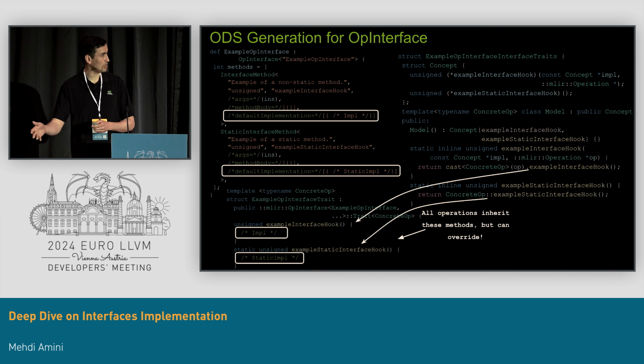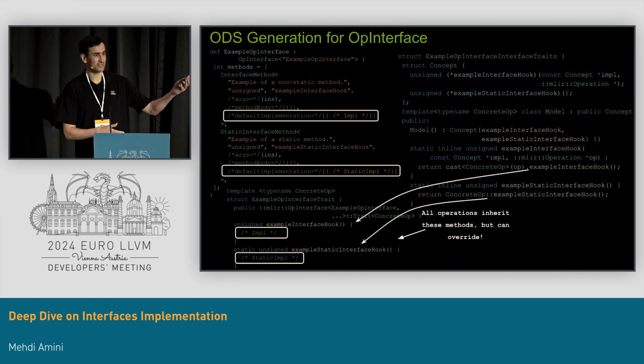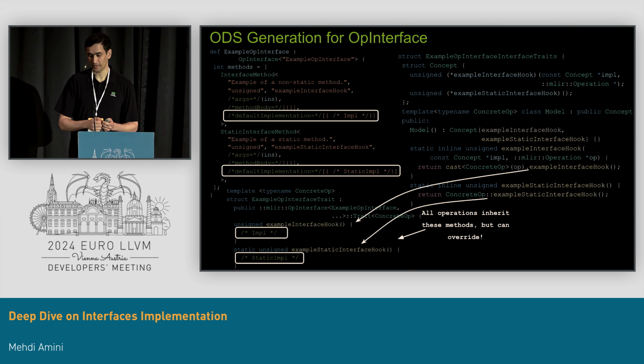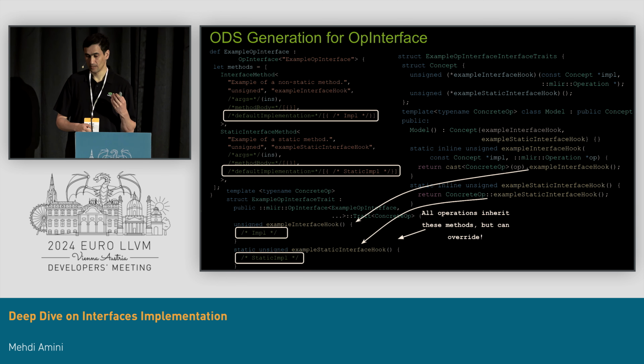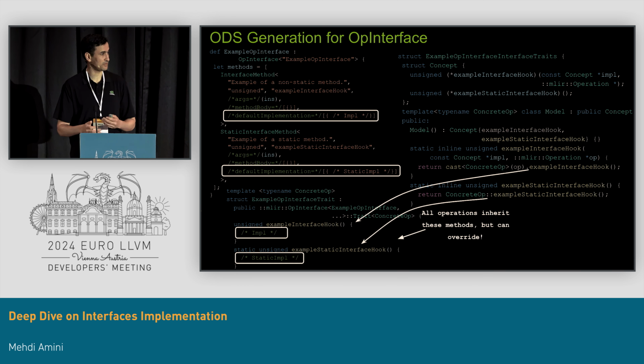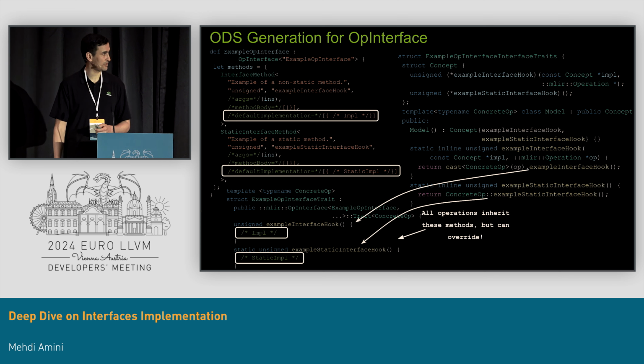So when we instantiate the model, it will actually call those methods on the concrete op. Where are these methods coming from? They are coming from the traits inherited by this concrete op, right? And so in the interface method in ODS, when you add something for the default implementation, this is where the code goes. It goes in the traits, which is then inherited by the concrete op.